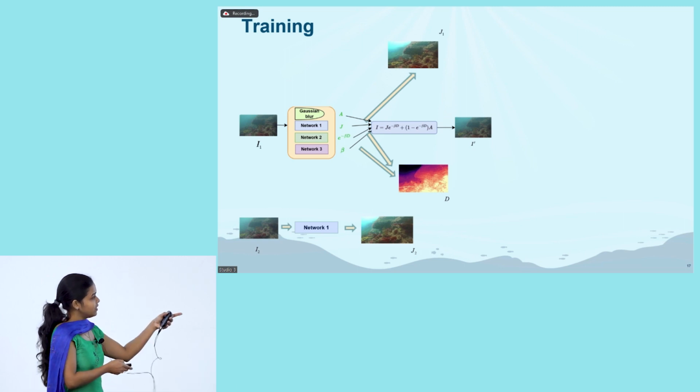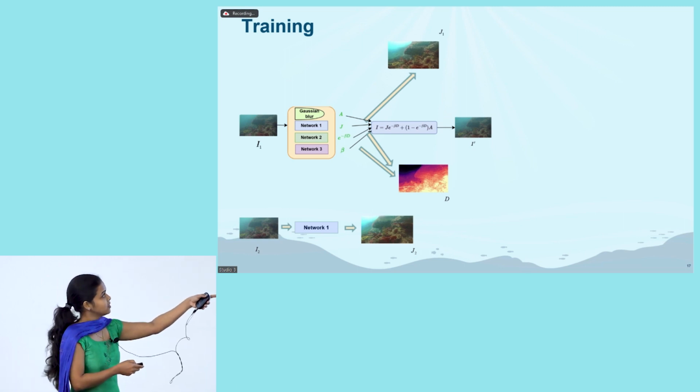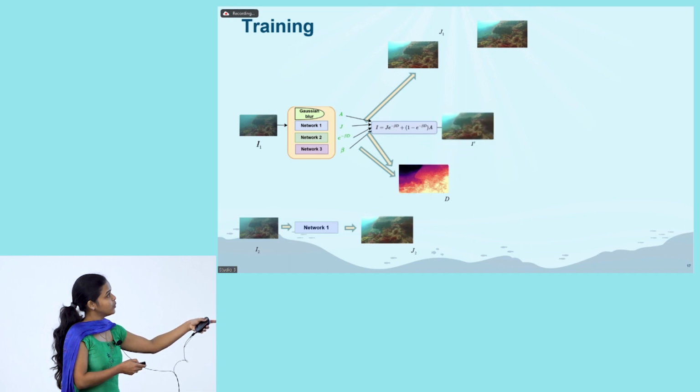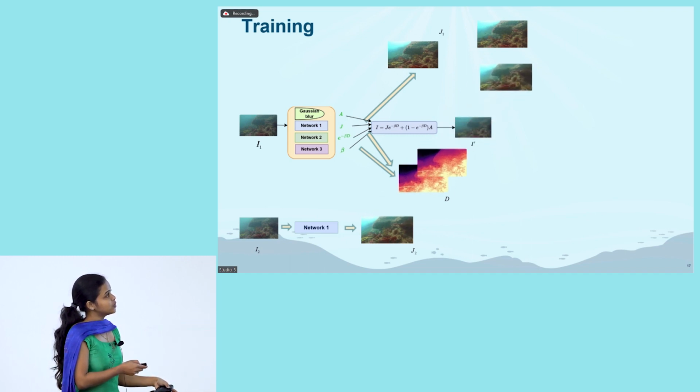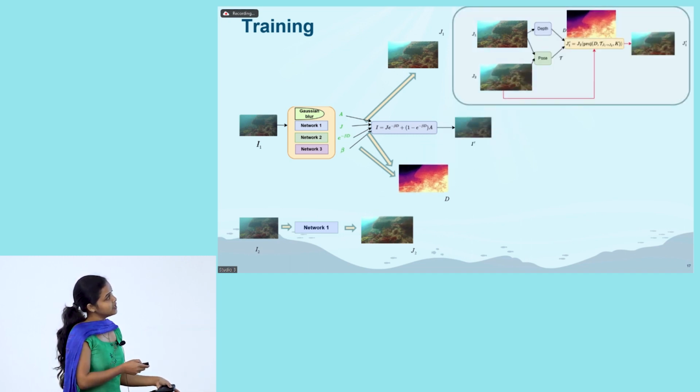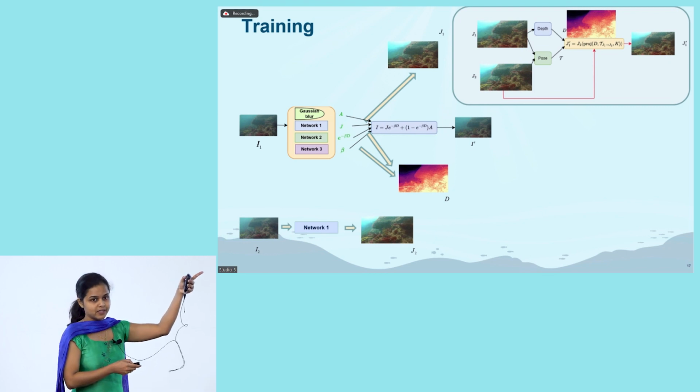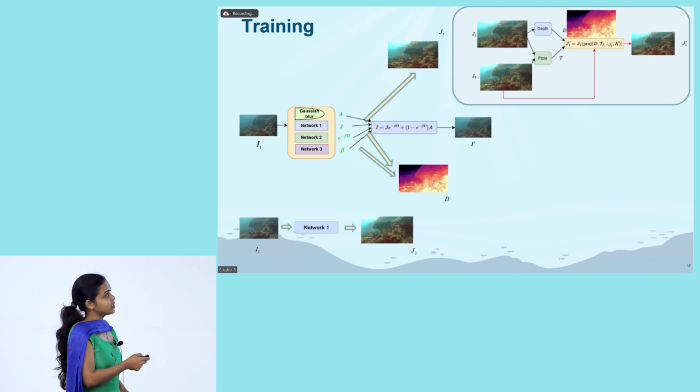So, I have J1, J2 and depth. J1, J2 and depth will be used to warp the second image to the view of the first image. So, this is my training process. If the depth is correct, I will get J1 equal to J1. If the depth is wrong, I will get another J1 here.